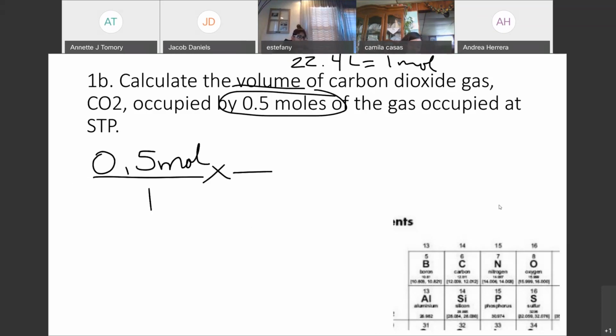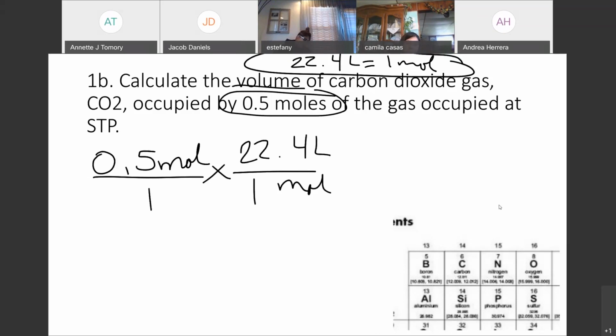I have moles on top. What am I going to put on the bottom of the next one? Moles. What number goes with moles in our conversion factor? 1. So what am I going to put on the top there? 22.4. So the moles are going to cancel. So am I going to multiply those two, or am I going to divide them?